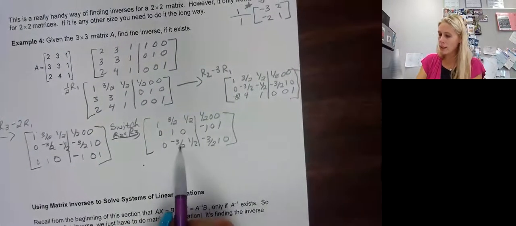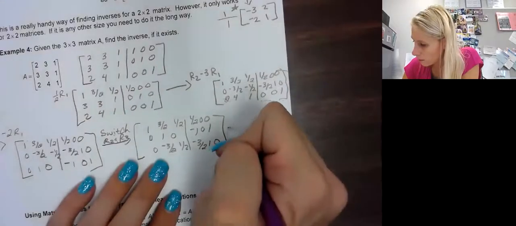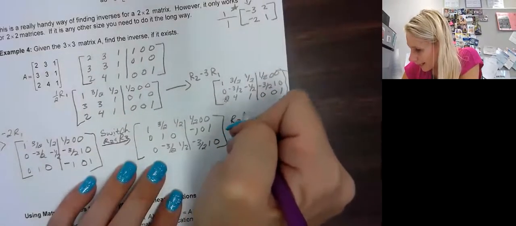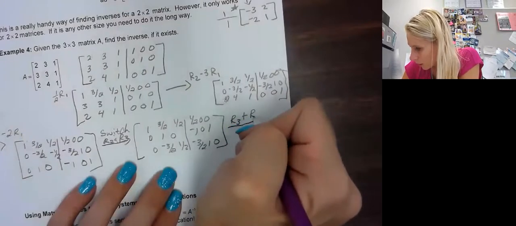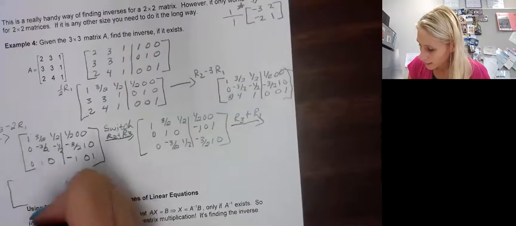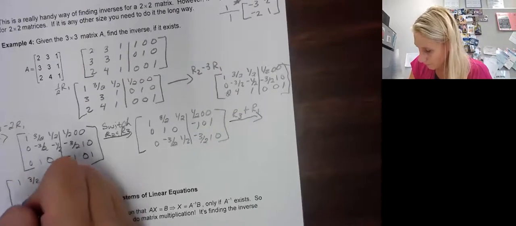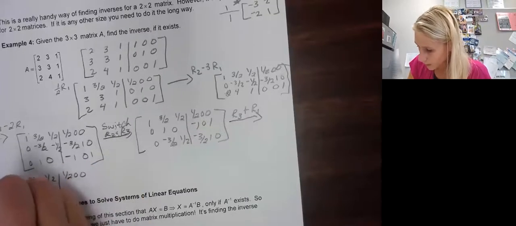Okay, now what do I need? I need a 0 right here. So what can we do? Well, we can take row 3 and add row 1 to it. First row stays the same. Negative 1, 0, 1.